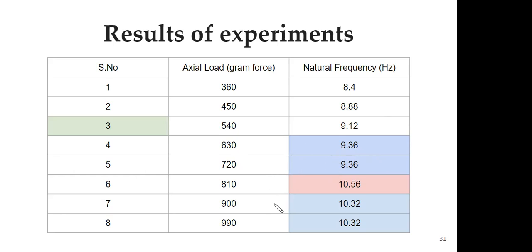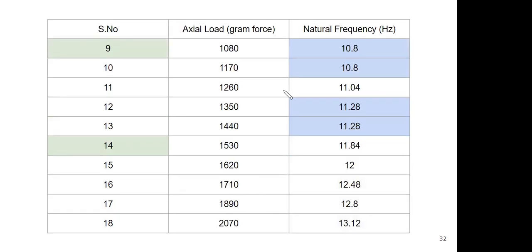And also for 900 and 990, it came out to be the same value. Here also for two other axial loads, it came out to be the same value. This might be due to the friction in the pulley arrangement. Until here, increment in axial load is 90 grams per experiment.